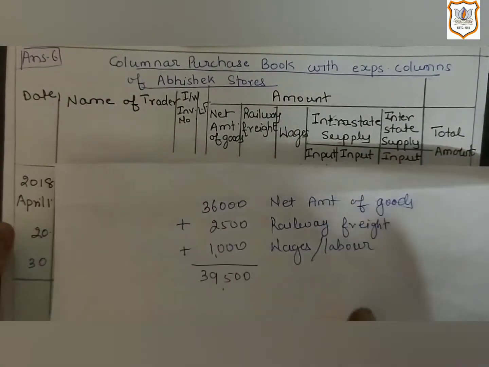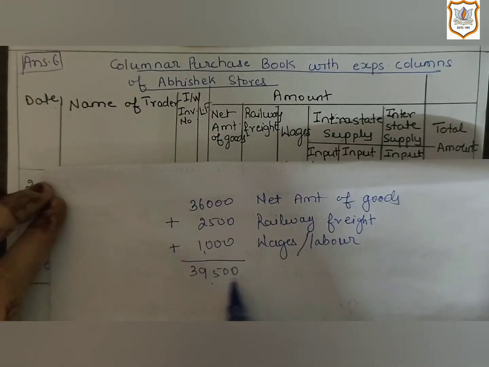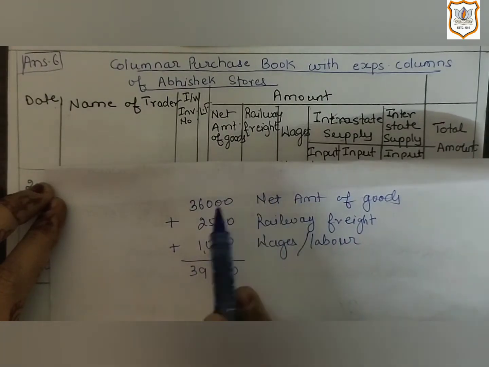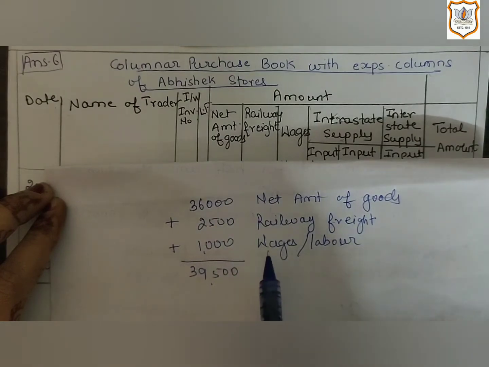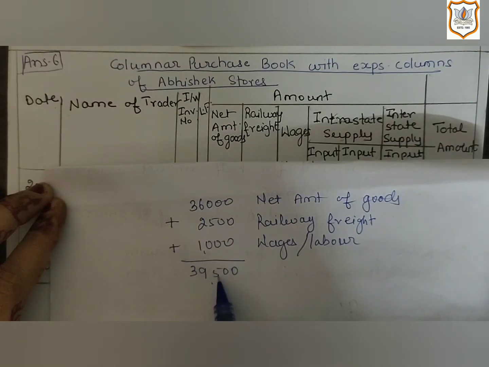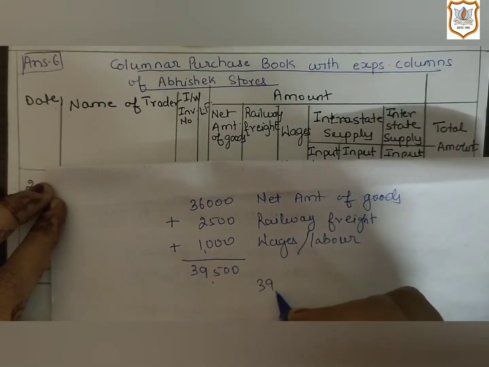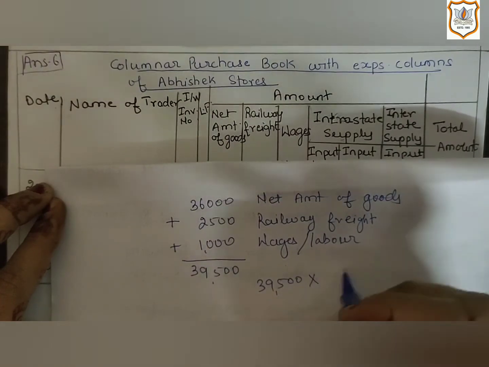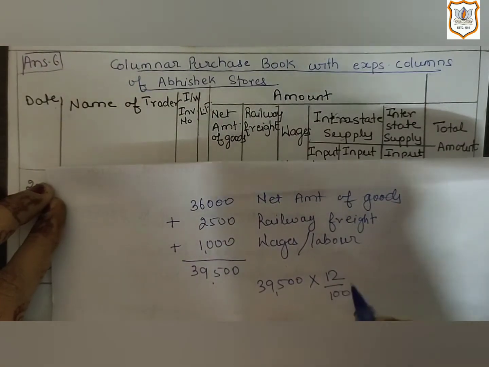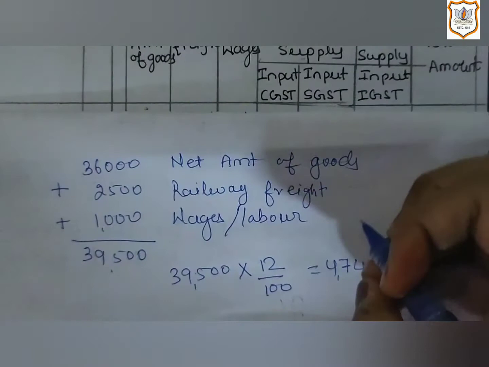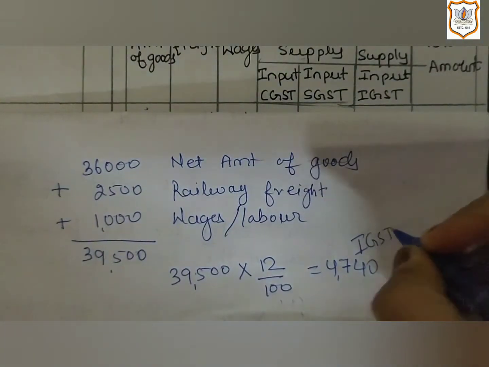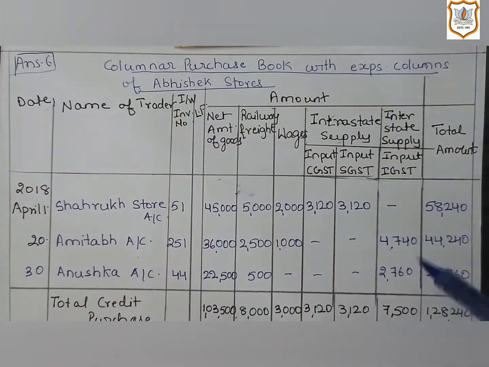Here IGST will be calculated on total amount of goods, that is net amount of goods, that is 36,000 plus various expenses, that means railway freight, that is given 2,500, and wages 1,000. If we add up these, we will get 39,500. So on 39,500 we have to calculate IGST. Rate is given 12%. That gives us 4,740 as amount of IGST, which we will record here.